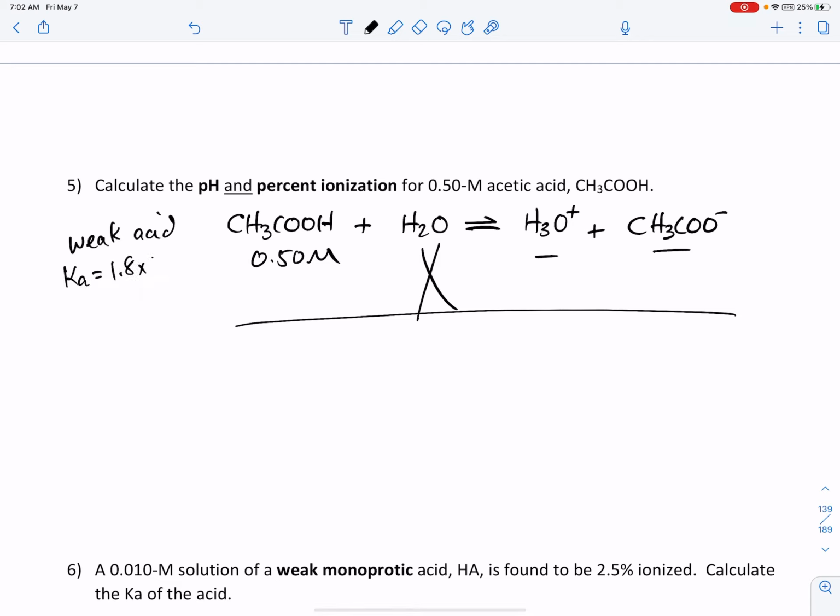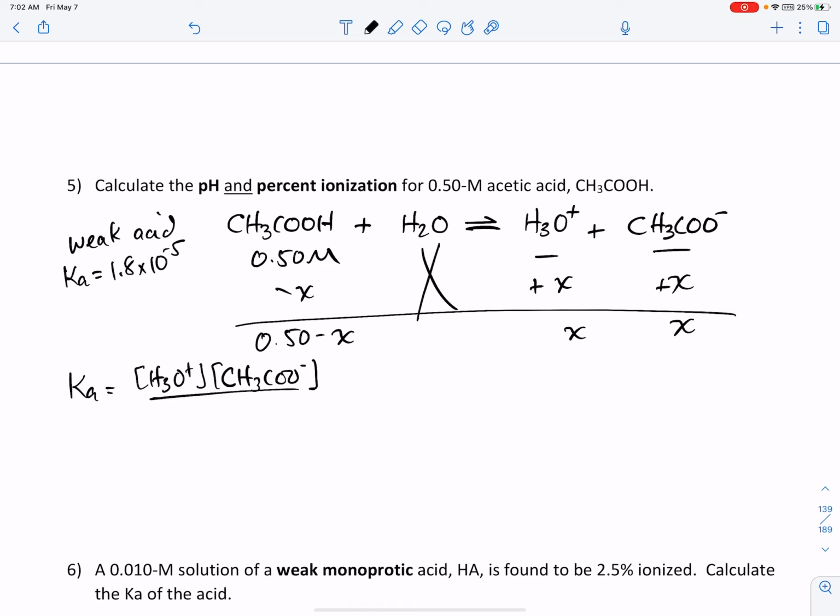Now we'll set up the Ka expression. That's the hydronium concentration times the acetate concentration divided by the acetic acid concentration. 1.8 times 10 to the minus 5, the Ka value, is X squared over 0.5 minus X.